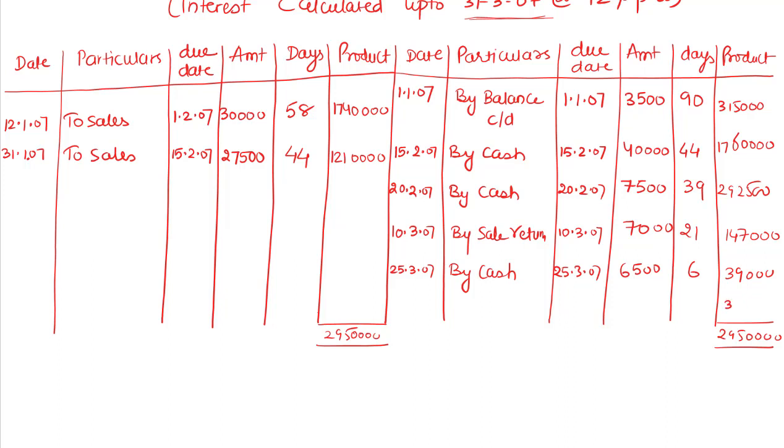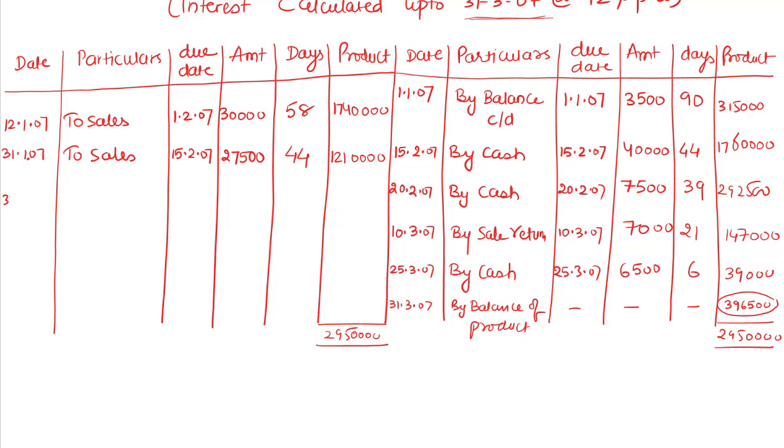It is 396,500. The balancing figure of product. Right over here the last date 31st March 2007, by balance of product, 3,96,500. On this balance we need to give interest.